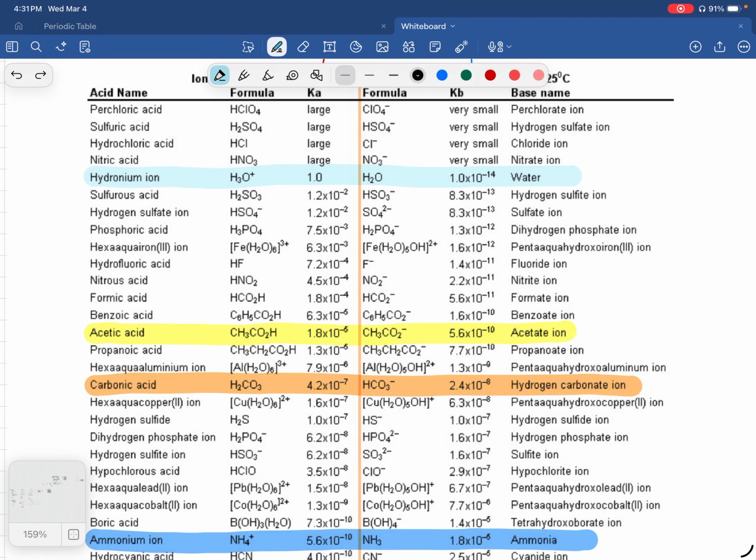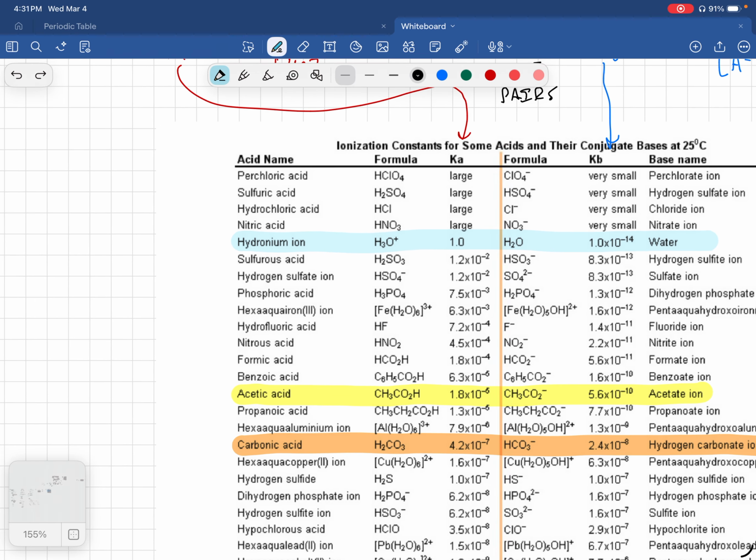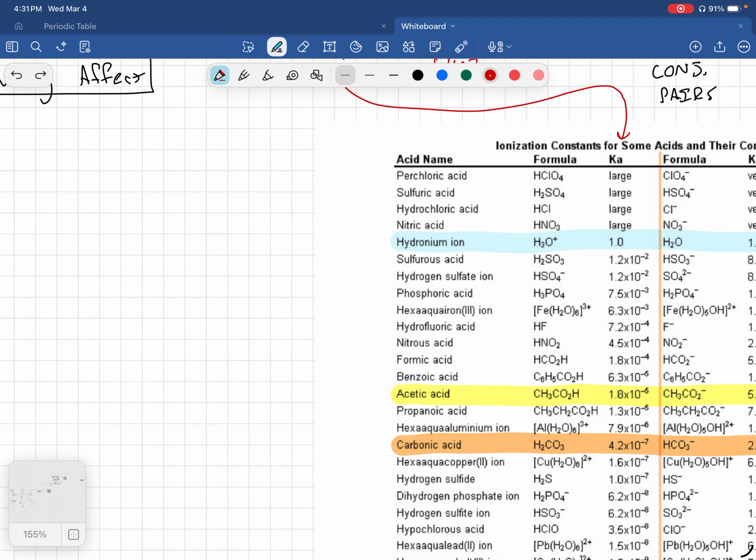So what is the leveling effect of water? Well, let's look at hydronium as an acid, and then let's look at water as an acid in itself.